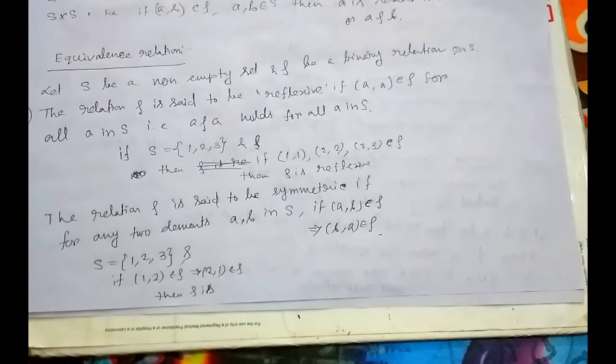But if we find A comma B belongs to rho but there is no B comma A in rho, then we cannot say that rho is symmetric.